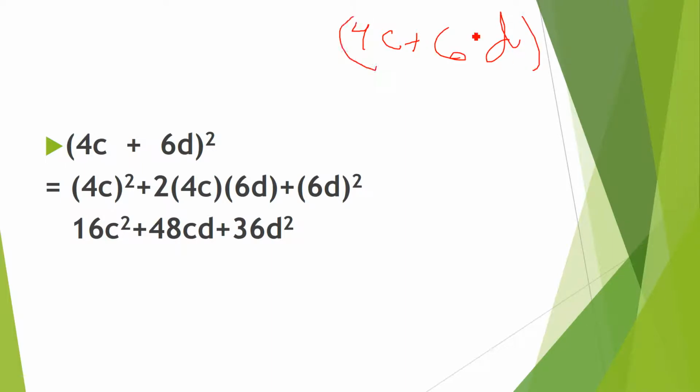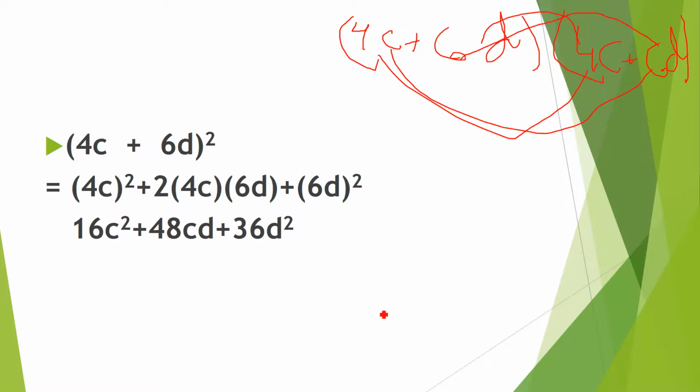It means that it is 2 times, like this. Multiply 4c with 4c, and then 4c with 6d, 6d with 4c, and then this, you will get the same answer. But always try to use a plus b whole square.